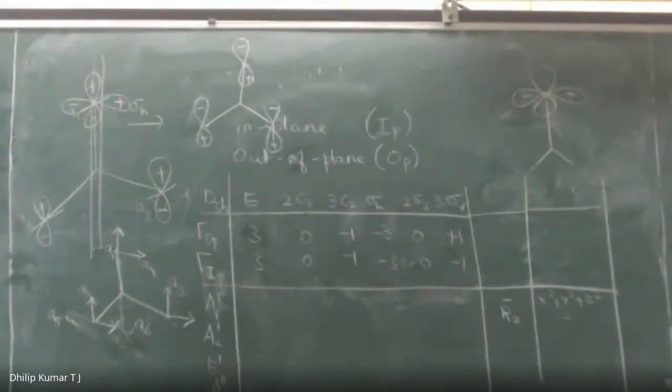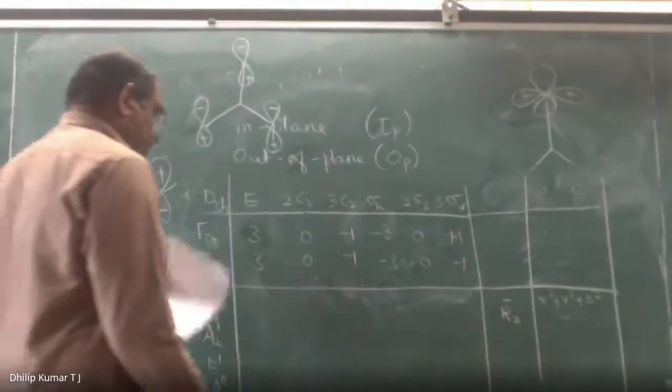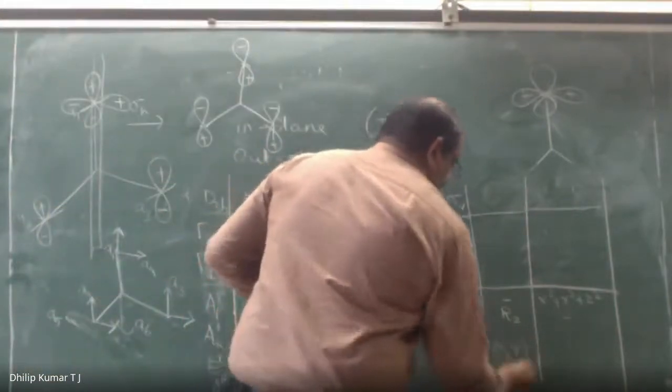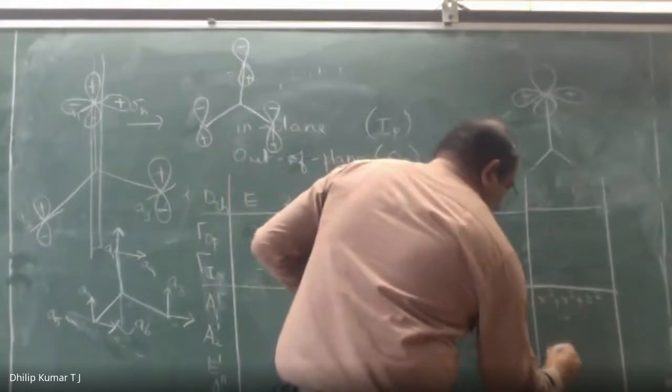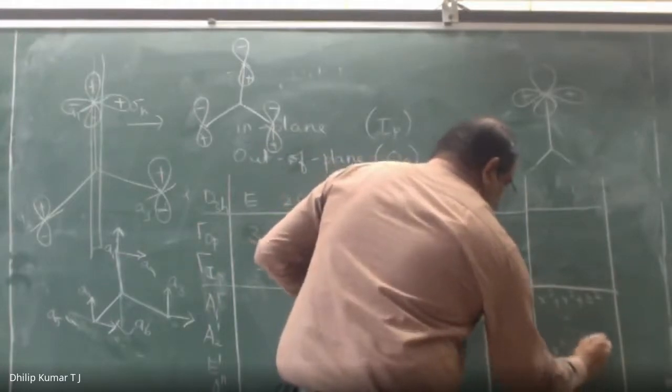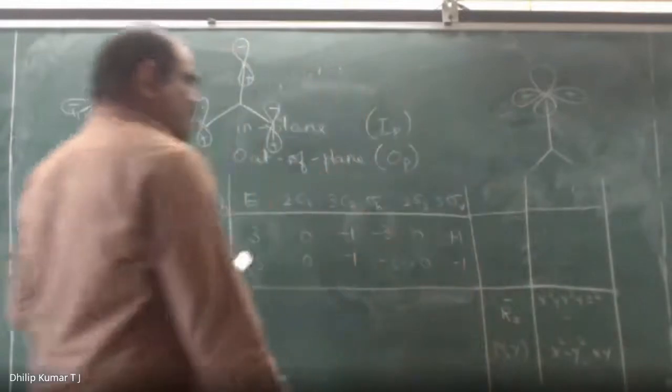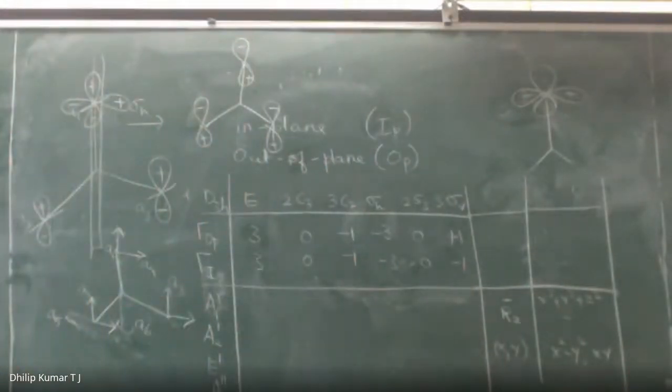And then the third is E prime. E prime is x, y, and x square minus y square and xy. This is E prime.